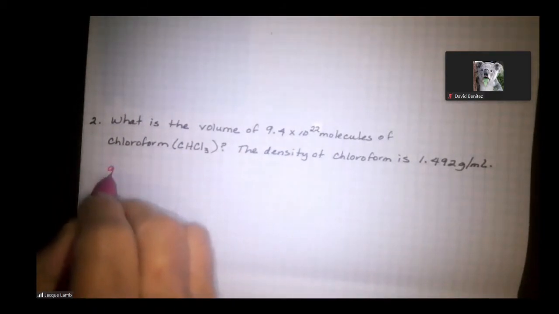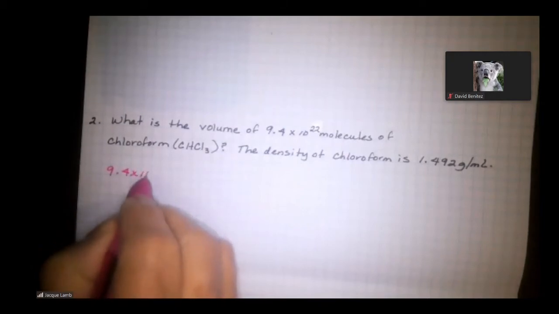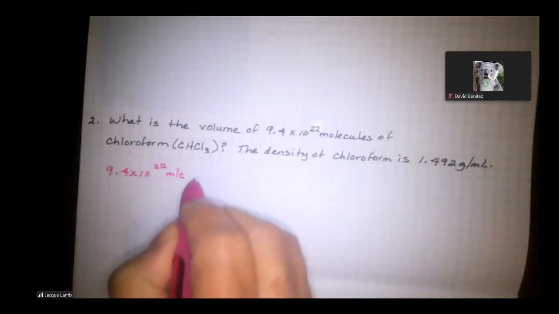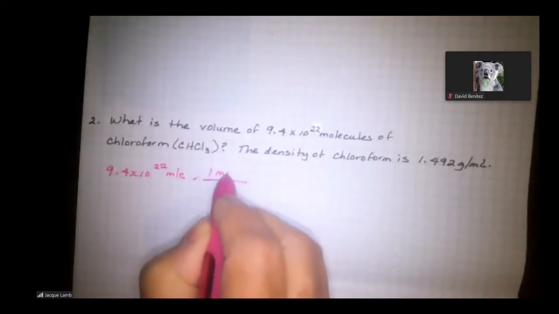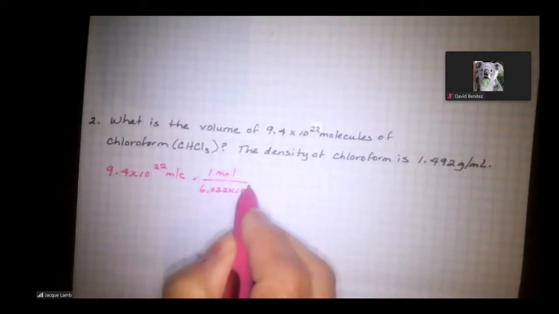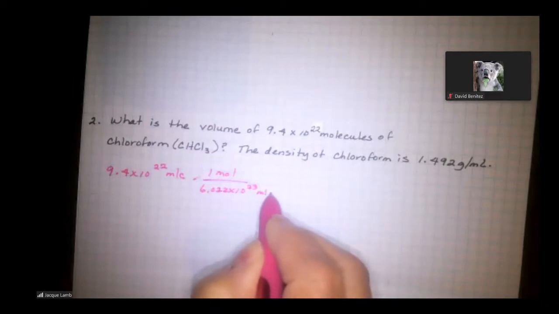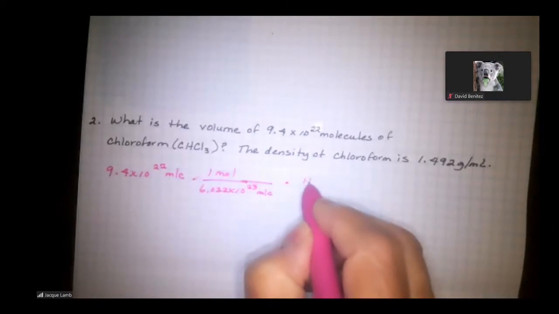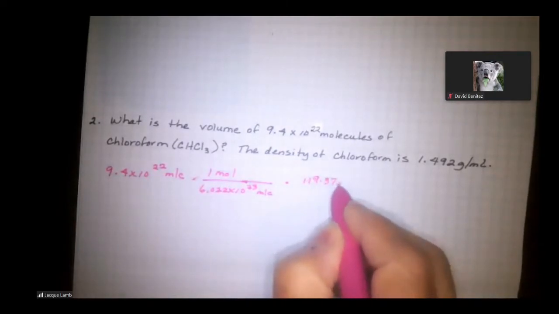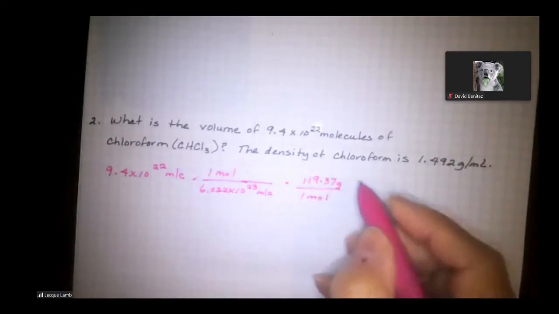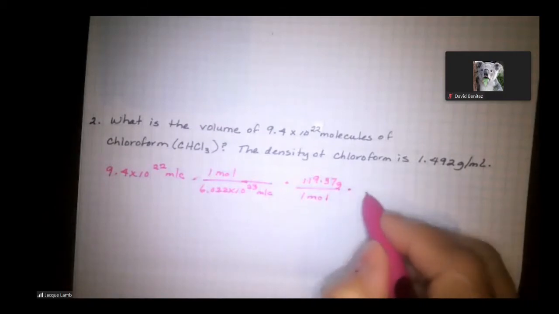So we have 9.4 times 10 to the 22 molecules times 1 mole is 6.022 times 10 to the 23rd molecules. And we multiply that by the molar mass of 119.37 grams per 1 mole. And we also multiply that by the density.